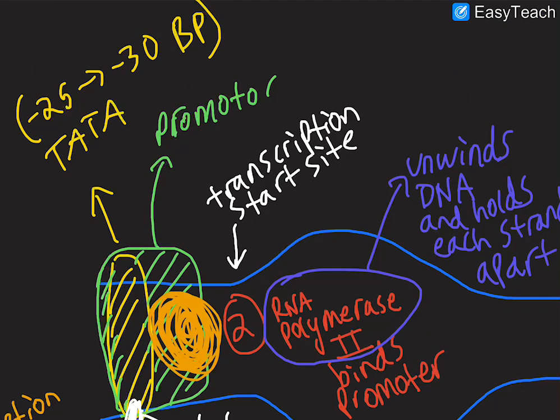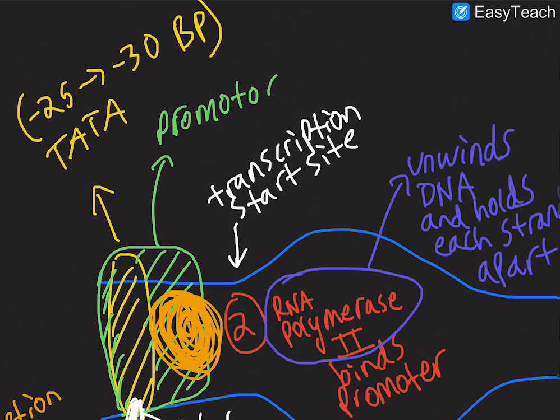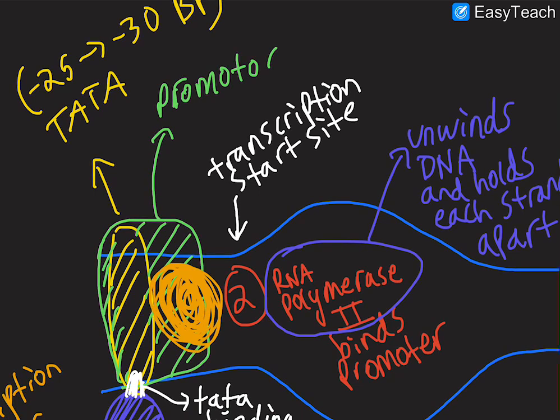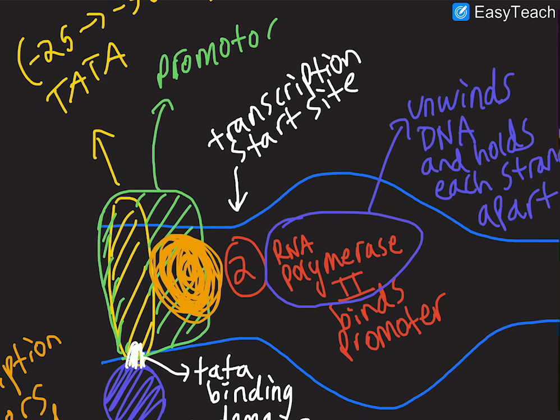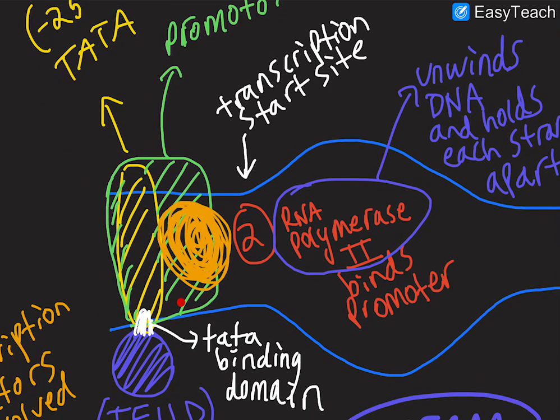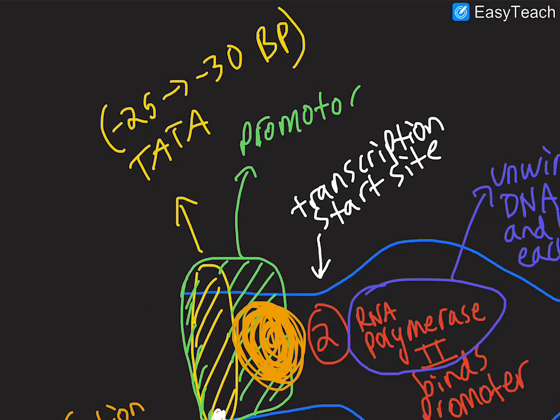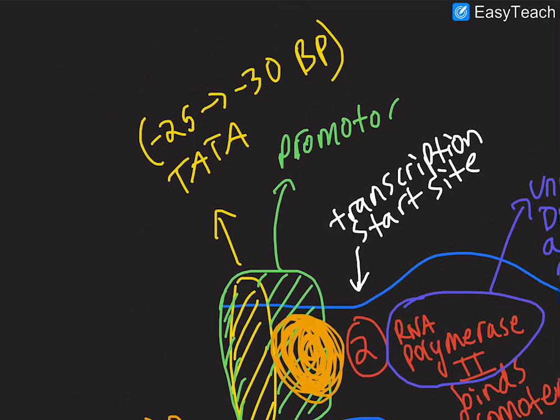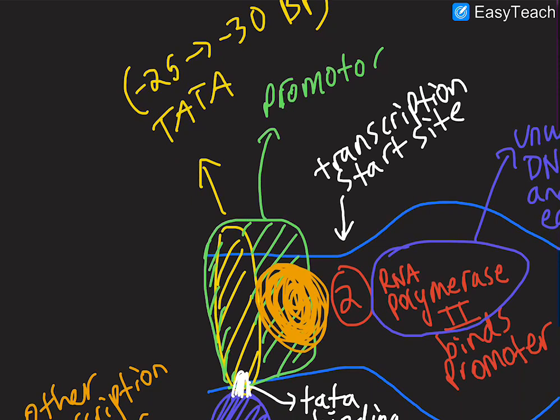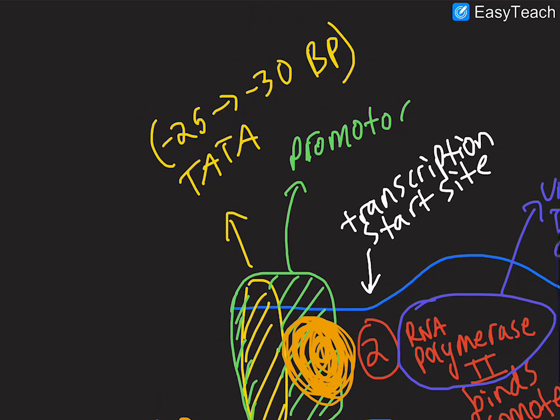So I tried to draw this a little big, but it may be a little bit crowded, but I think we can make it out well. So we saw that we have the promoter, specifically the Tata box. In eukaryotes, many things are present within the promoter that help the RNA polymerase bind to it.